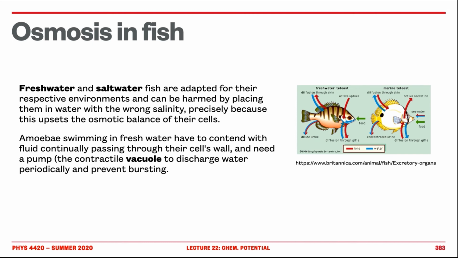For example, a fish in salt water, like it's shown here, will have a way to get rid of ions, just to maintain this osmotic pressure between the inside and outside. So in fact, osmosis is related to the change in concentration between what's in the cell of the animal and what's in the environment, which is in this case the water, salty or not.